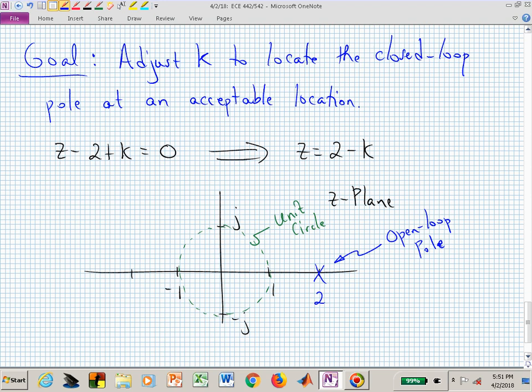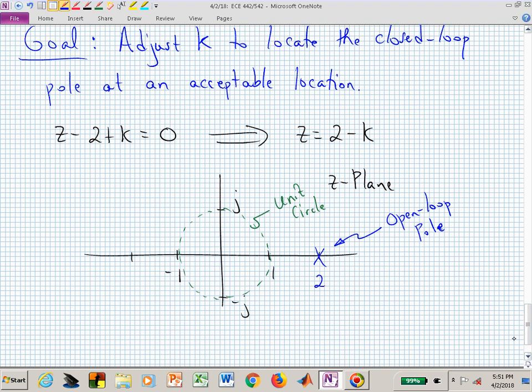What's going to happen as I look at positive values for K? What happens to z? If I picked K equal to 1/2, what's z going to be? It's going to be right here, isn't it? 1.5. If this was K equal to 1/2, if I said K equal to 1, now I'm right here.